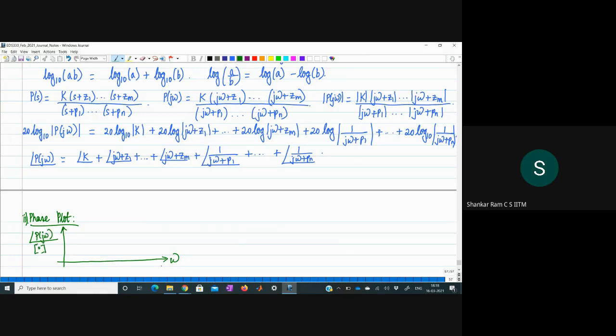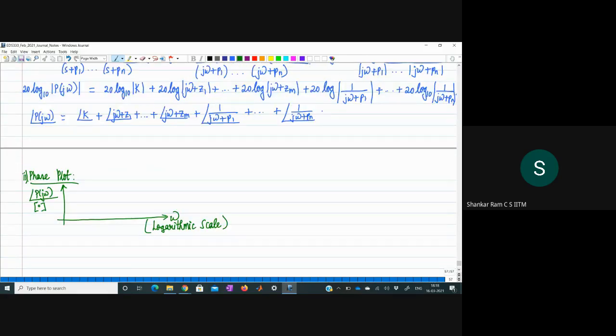Of course, for omega, a logarithmic scale is still used on the x-axis. So only the x-axis is plotted using a logarithmic scale, as far as the frequency is concerned.